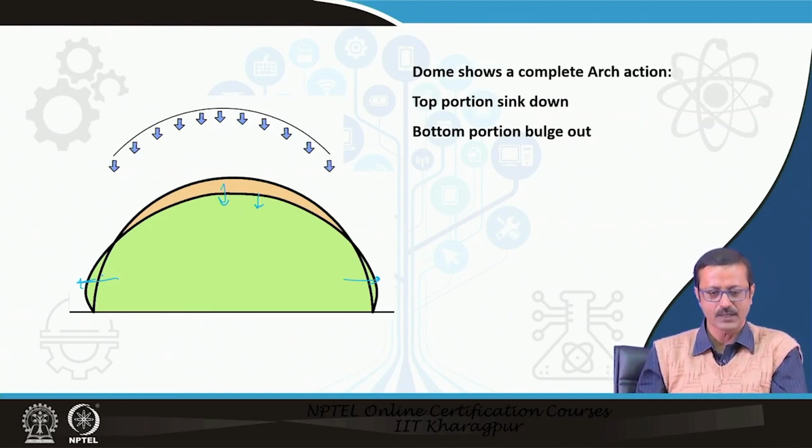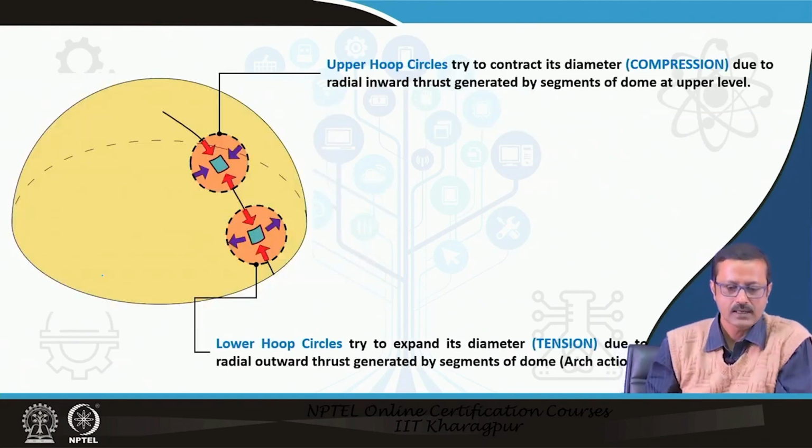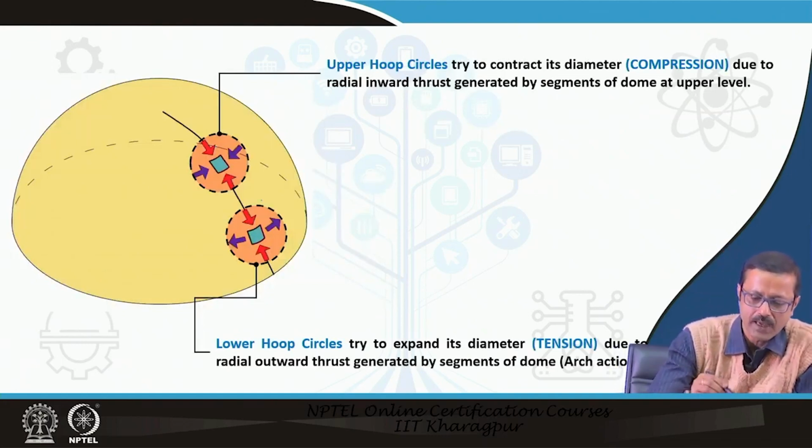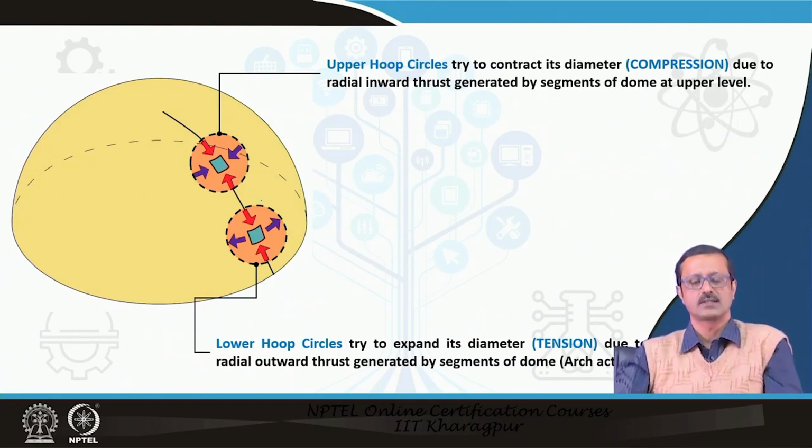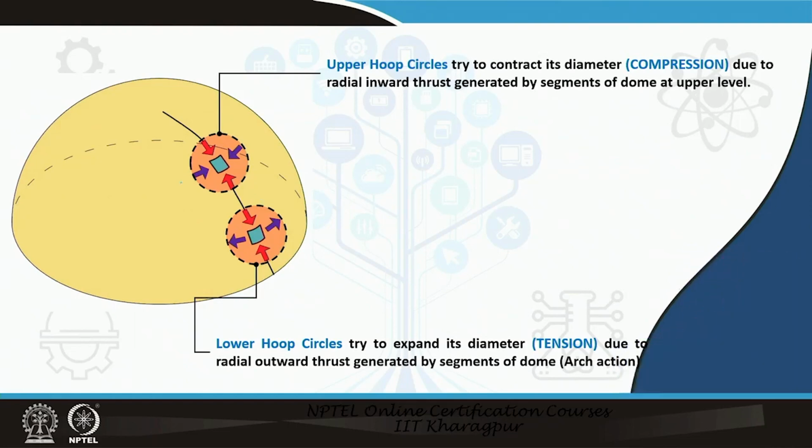From this phenomenon we can understand that this particular hoop has a clear cut different nature. The blue color arrows are the hoops, and in the upper portion, the hoop circles are going to contract because it is under compression, it is sinking, and as the perimeters are sinking, the hoop stress is compression in the upper hoop.